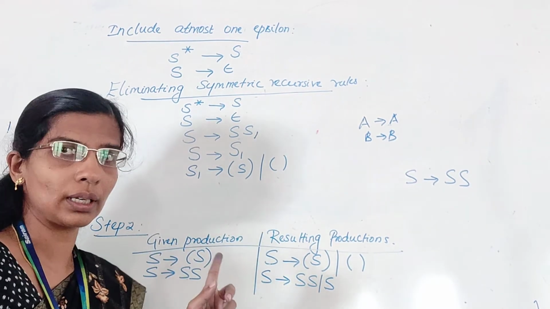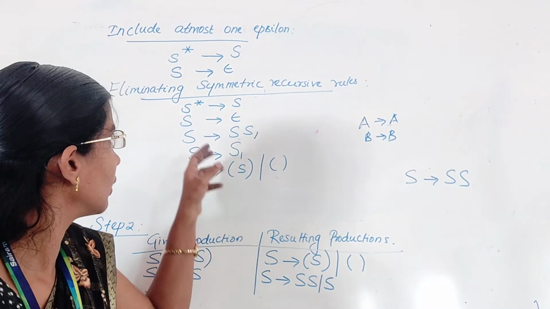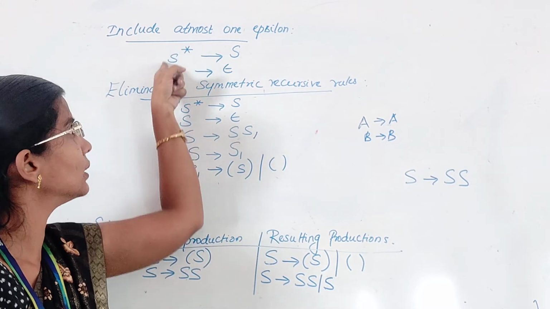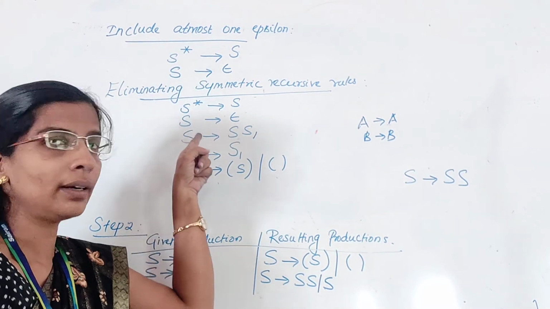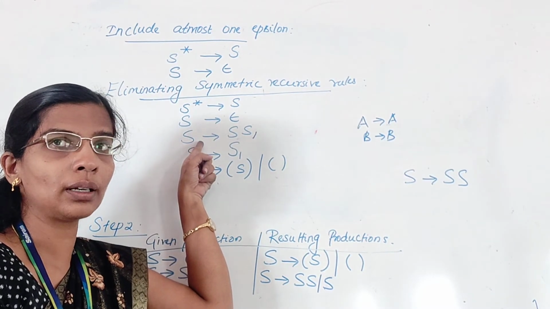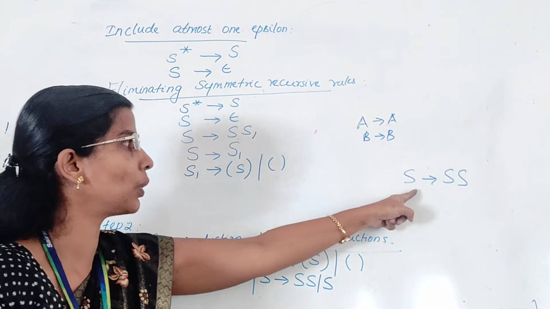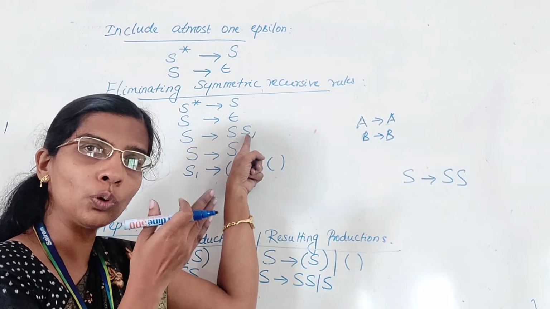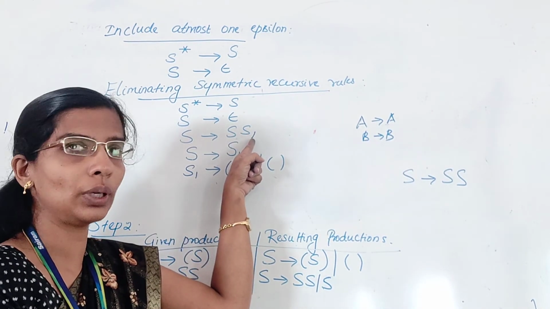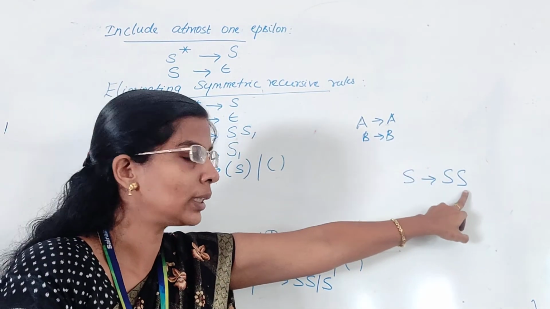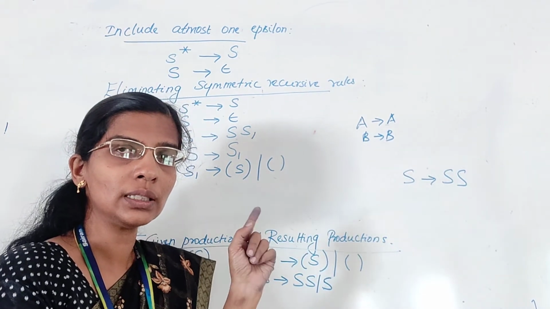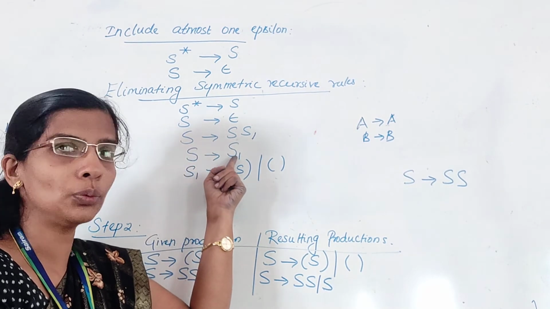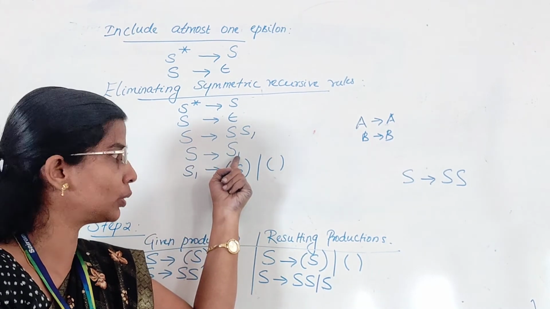I'll tell once again what I have been doing to eliminate symmetric recursive rule. First, write this at most 1 epsilon and write the production that has symmetric recursion. I have written this production, S tends to SS1, and to the rightmost non-terminal give a new name. So the rightmost non-terminal is S. To this S, you have given a new name as S1, so write this rule also.